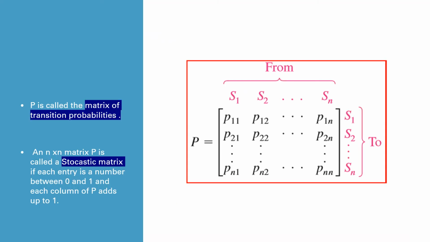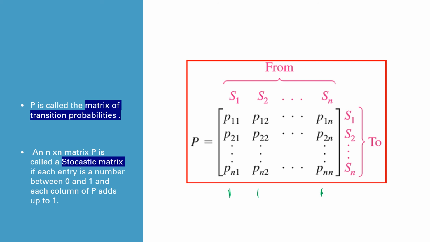See, the probability matrix we took in the beginning is called the matrix of transition probabilities. It is an n by n matrix. And when you add up all these probabilities in a row, you get a total probability of 1. So it satisfies the rules of probability: each probability lies between 0 and 1, since we take it as a decimal or a fraction.